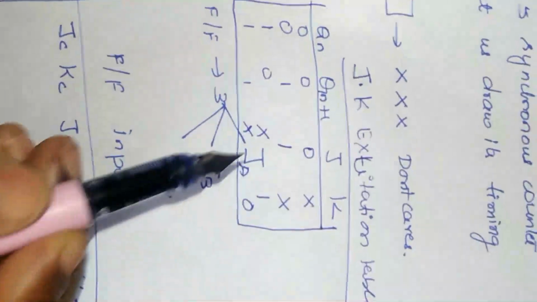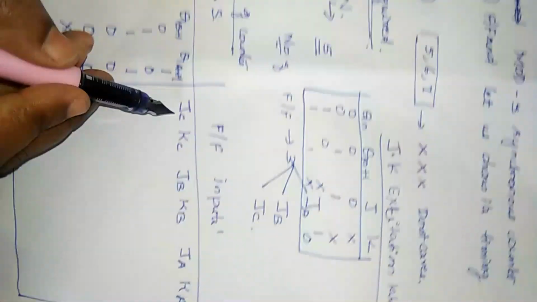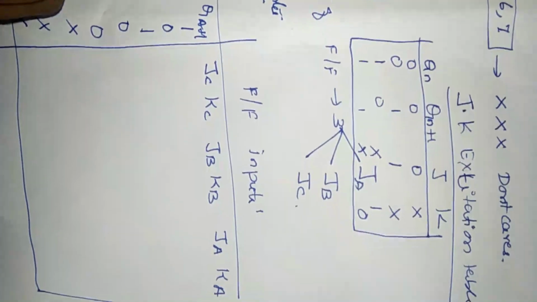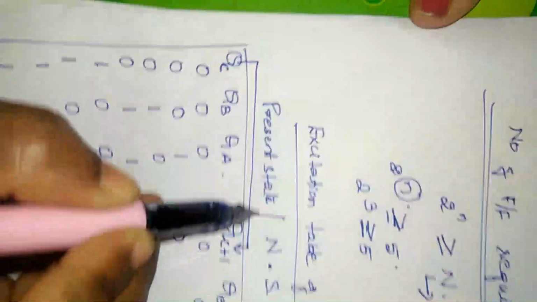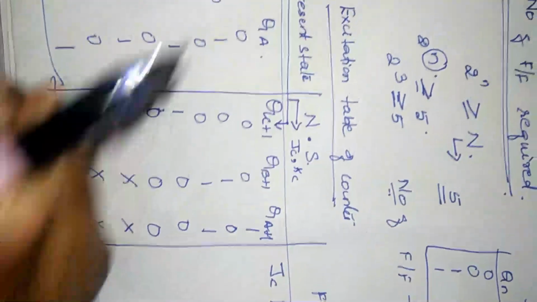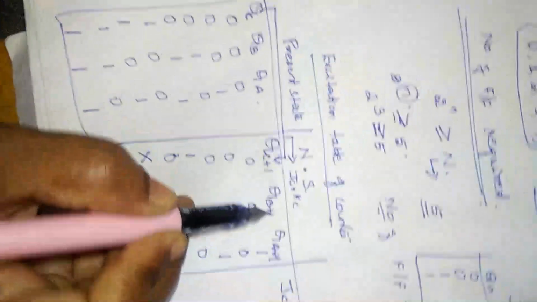Okay, so to fill this JCKC, my inputs will be QC and QC plus 1. So QC and QC plus 1 will give me JCKC. Clear? And QB and QB plus 1 will give me the inputs JB, KB.